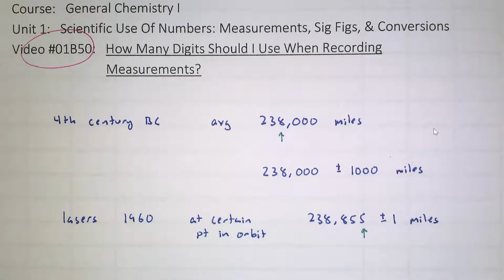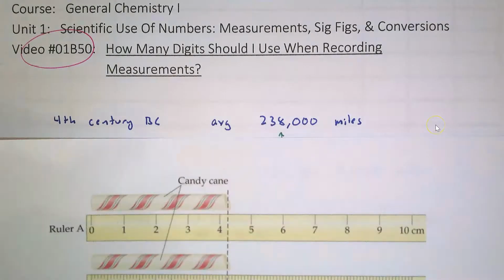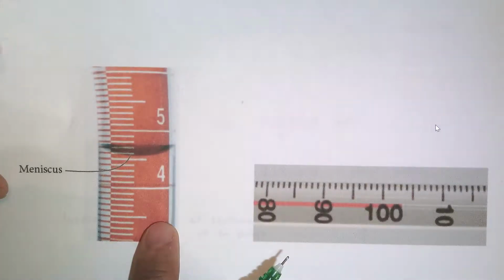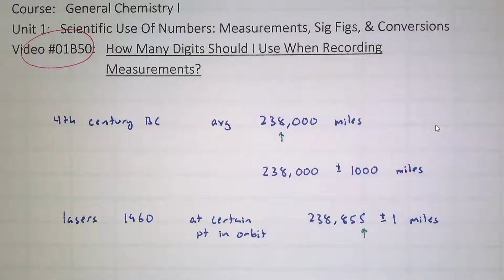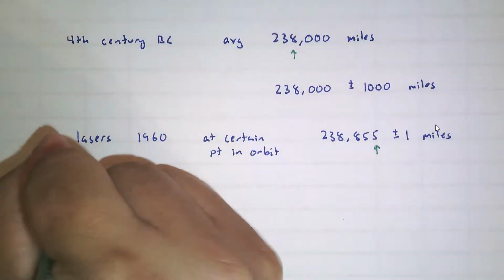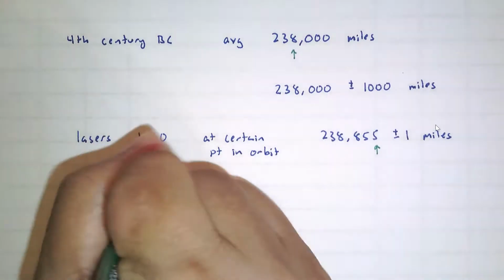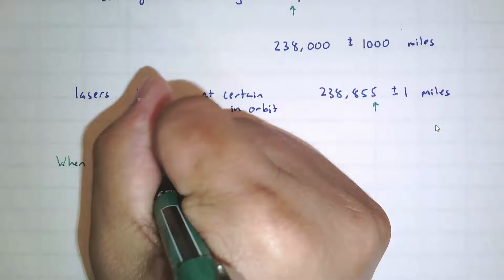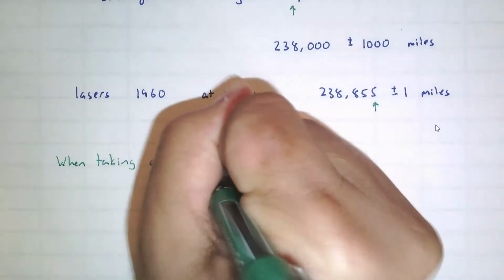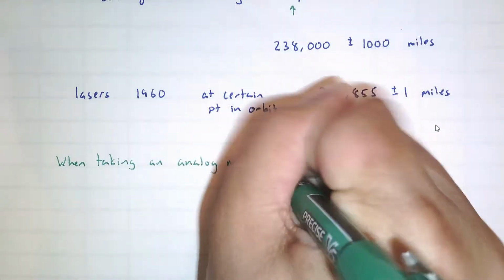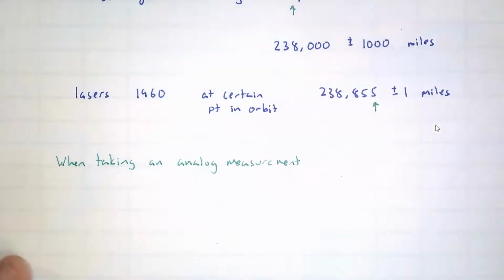But what about when you take measurements? So I do have a couple examples. Here we have a ruler. Here we have a graduated cylinder. But let me give you a general rule that will be very easy to remember. And that's when you take an analog measurement, so not a digital, but an analog, and where might that happen?